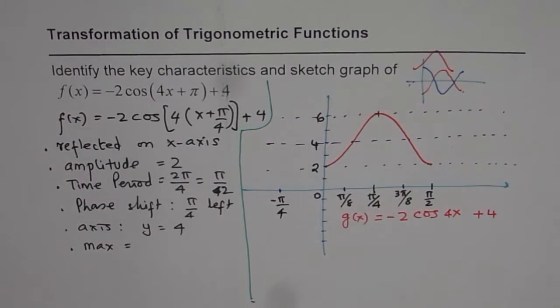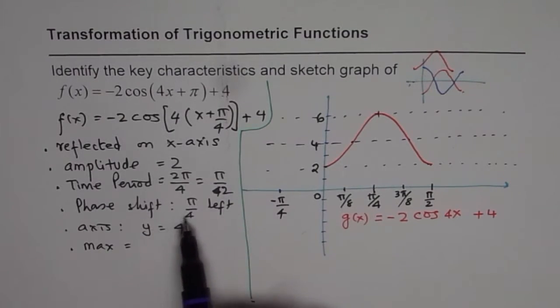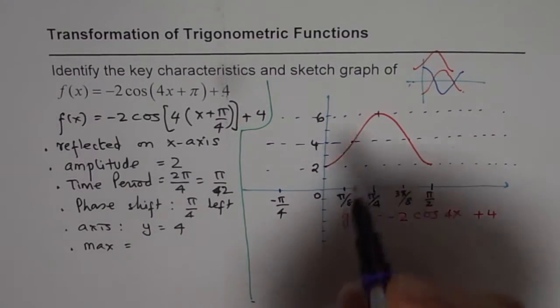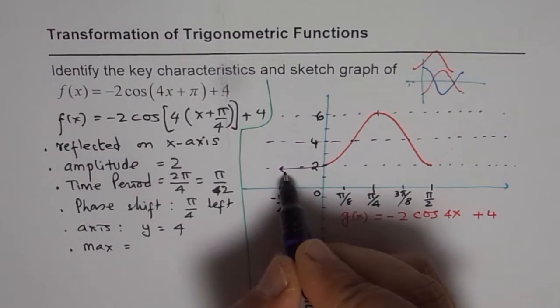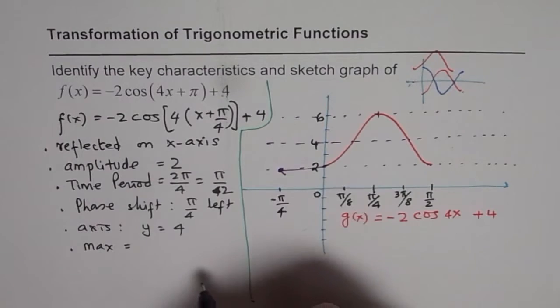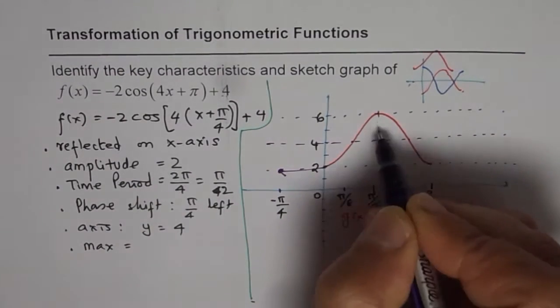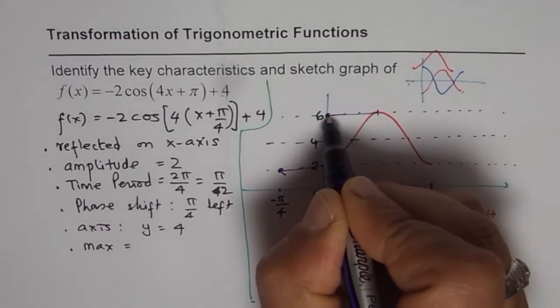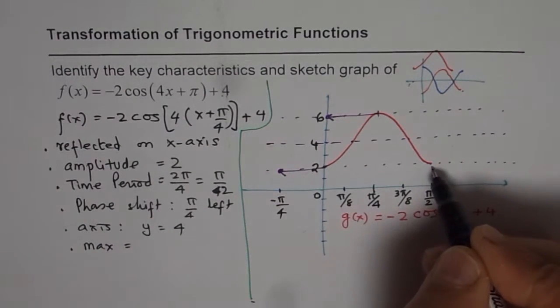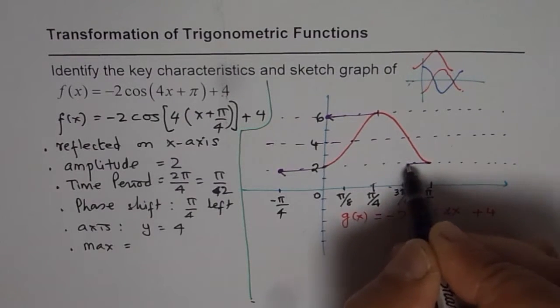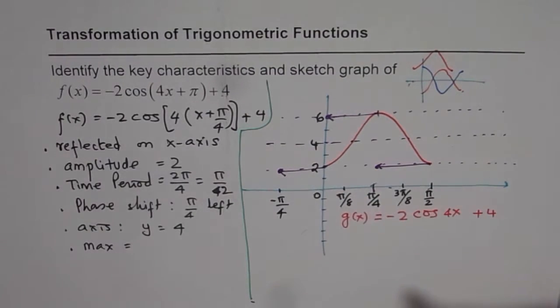So now what we are going to do is translate the given graph pi by 4 units left. So each and every point will be translated pi by 4 left. So this minimum starts from here. The maximum, when you bring it here, it comes to this place. Do you see that? Now the end point, which is at pi by 2, comes back to this position. That is how it should end, right?